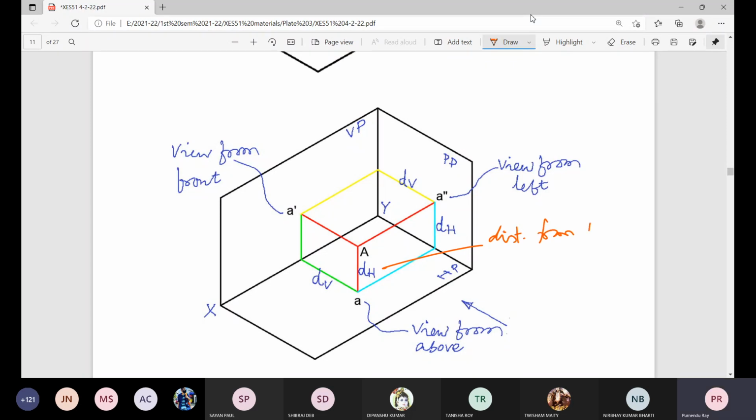Distance from HP means how much distance or how much above the horizontal plane the point capital A is located. Now this distance is dV, distance from vertical plane. This is the vertical plane, VP, and this is the distance dV, distance from vertical plane.